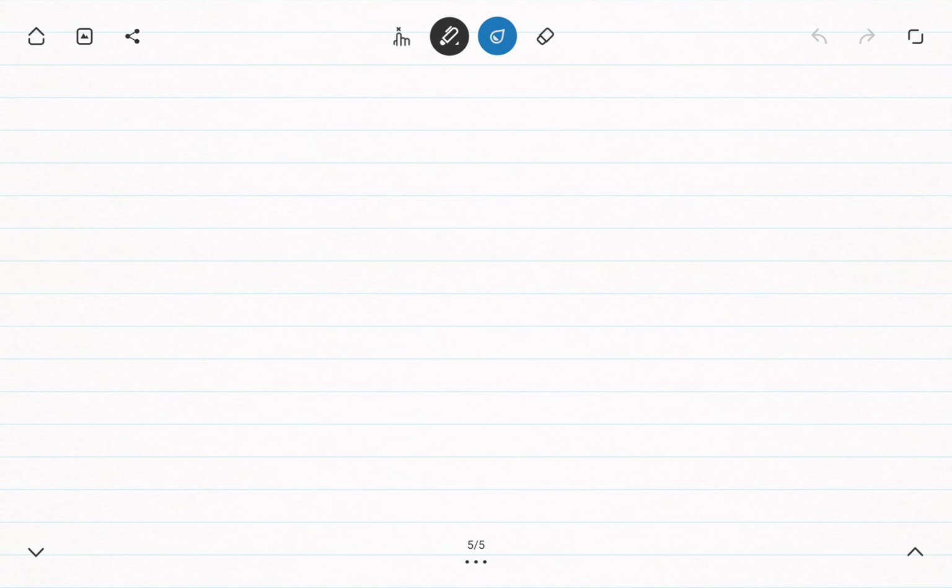Prove that the limit as x approaches 2 of the function 3x minus 5 equals 1. So how will we prove that? I will write the proof in a very rigorous manner. I am showing you that.